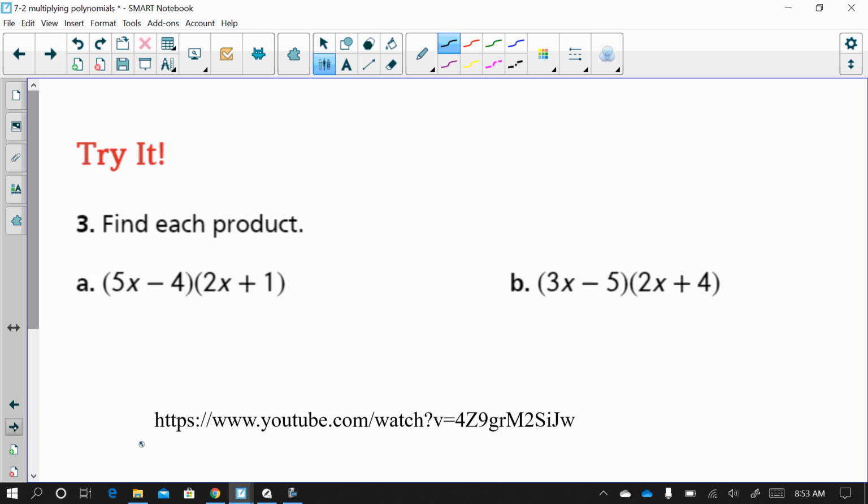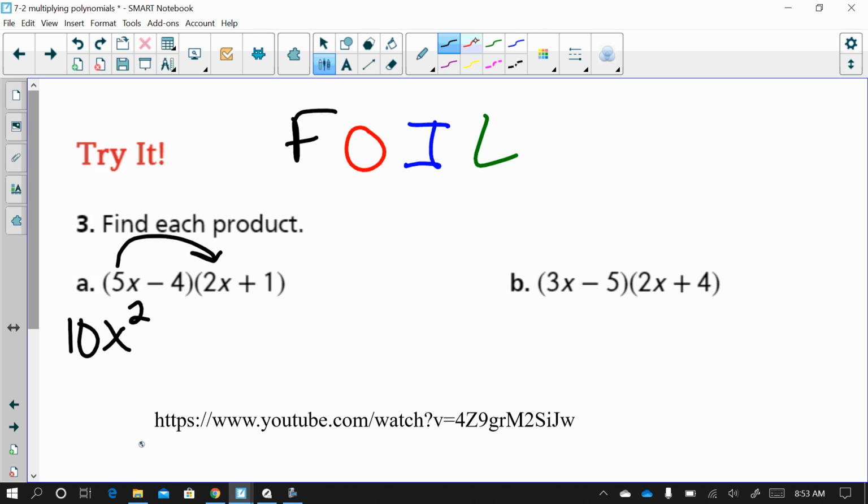Again, remember FOIL. First times first, outsides, insides, lasts, and then finally combine like terms.